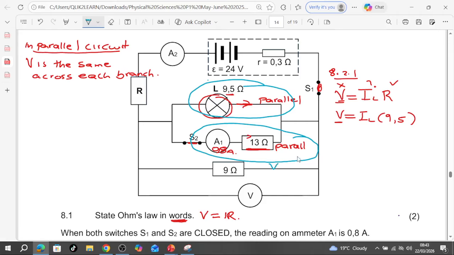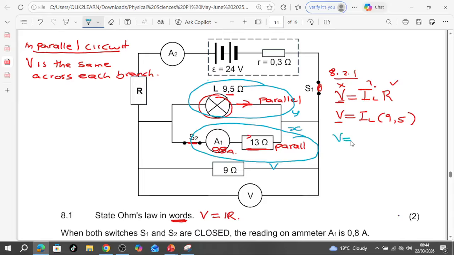So first thing first, I'm going to find the voltage on that branch. Let's call this X and this Y, the voltage for the X branch. So let's quickly find that.